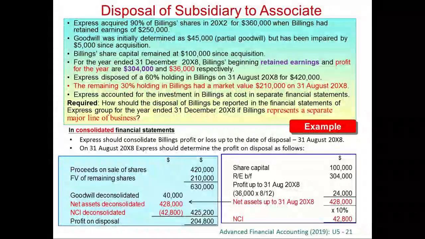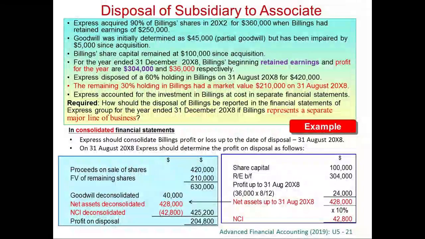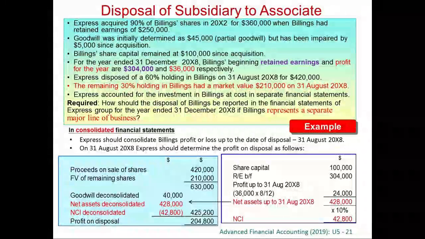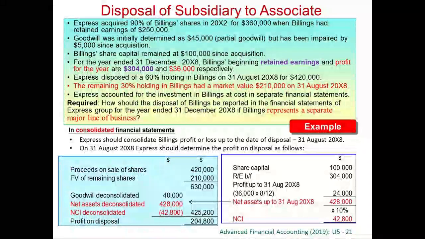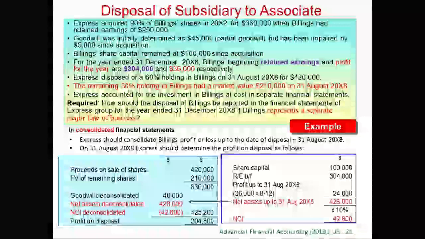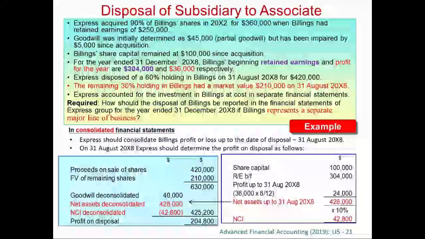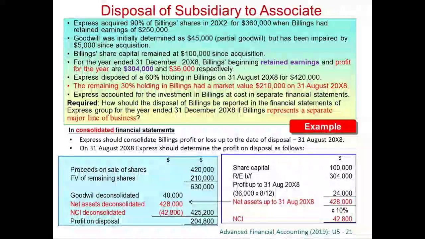Right? So the fair value of the remaining 30%, the question says that the remaining 30% holding had a market value of $210,000 at the day of disposal, so it must be 210. So that's why it should be 210. So the net asset increased by 630 because of this disposal.